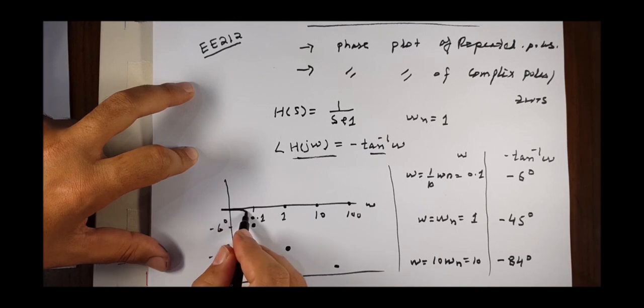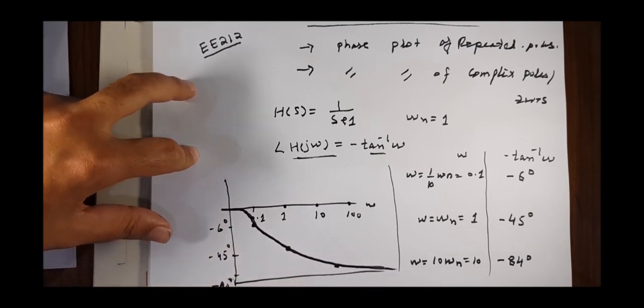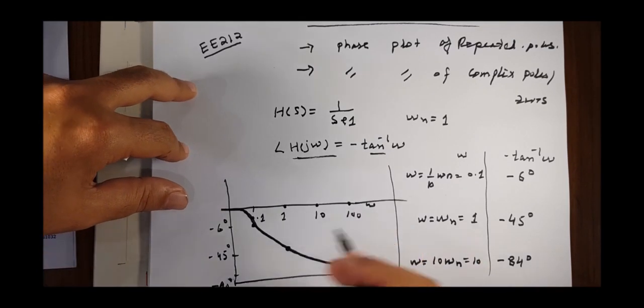We simply connect these points like this, and this will reach minus 90 degrees when omega approaches infinity.